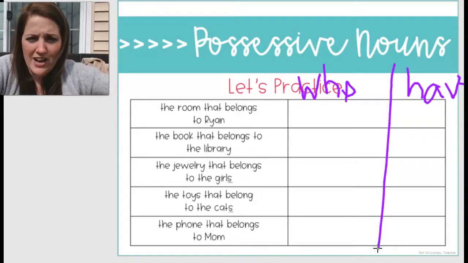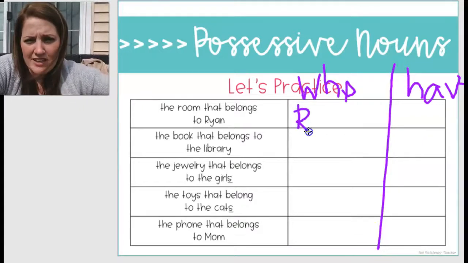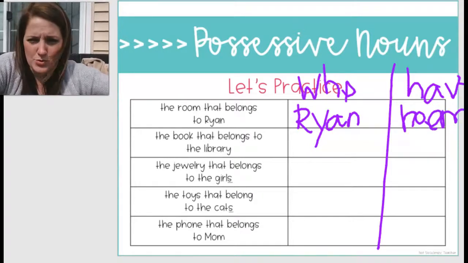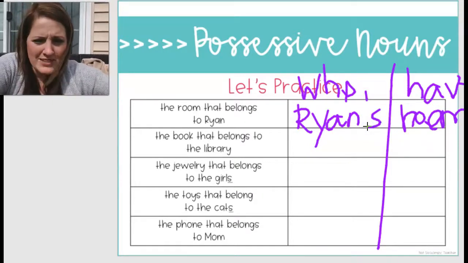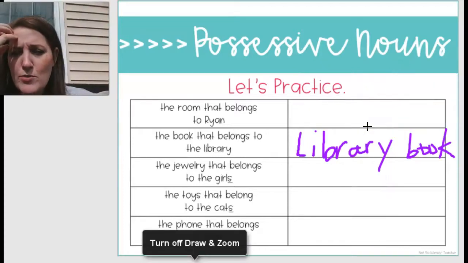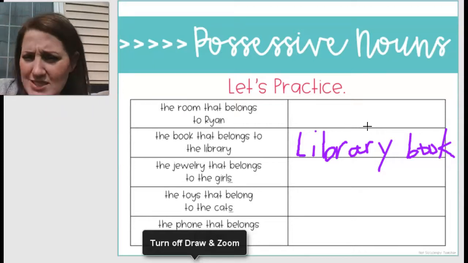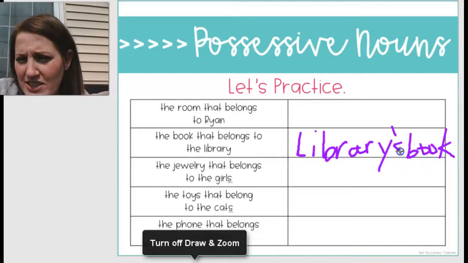So Ryan, and what does Ryan have? He has a room. So it's Ryan room. Nope, Ryan's room. So apostrophe S. Next one. I put library book because it wouldn't make sense to say the book's library. So library book, and to show that the book belongs to the library, we're going to do apostrophe S.